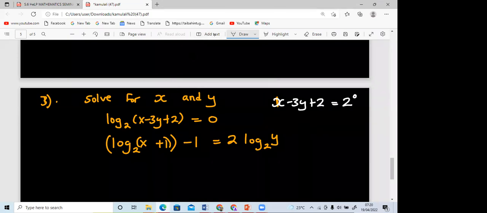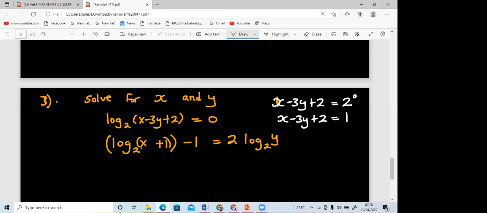Then 2 to power 0 becomes 1, so that one shall become x minus 3y plus 2 is equal to 1. Then the equation we get is x minus 3y is equal to negative 1.